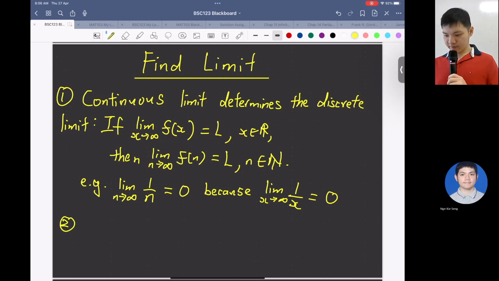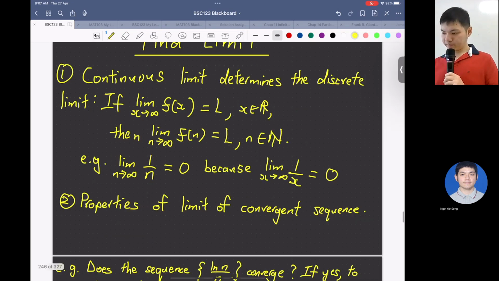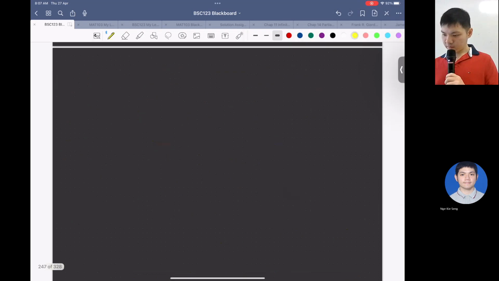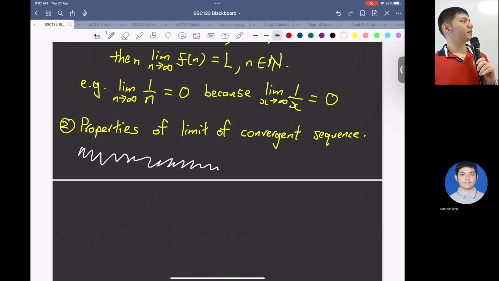Okay, second, we have properties of limit of convergent sequence. Hey, is white better or yellow better?